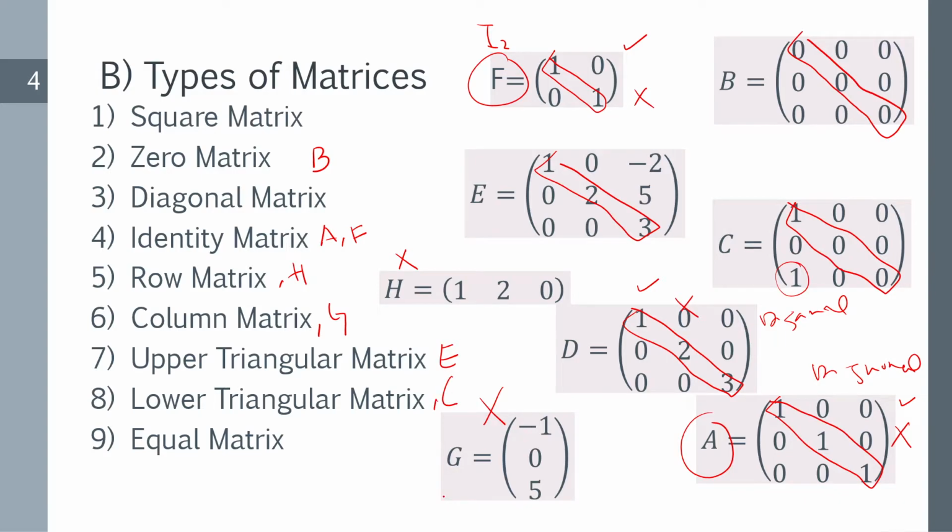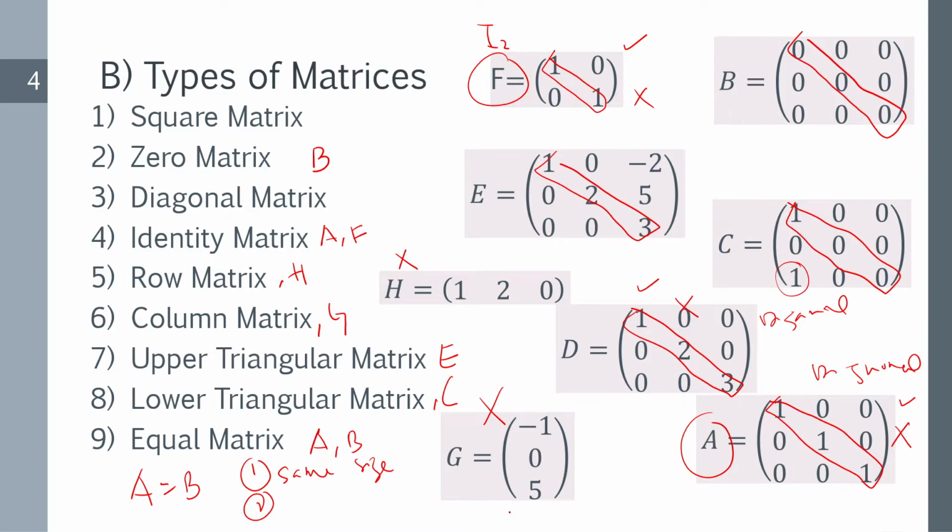Equal matrix. What is an equal matrix? It means I have two matrices, A and B. When I say A equals B, first, they must be the same size. Second, every element inside the matrix must be the same.